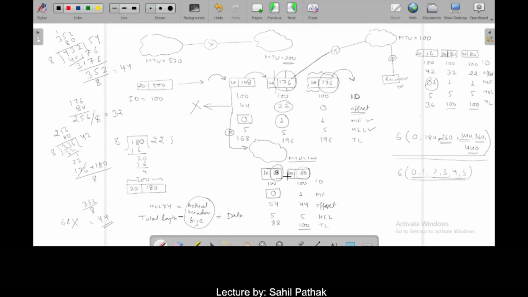Now we will see how many fragments we have received.